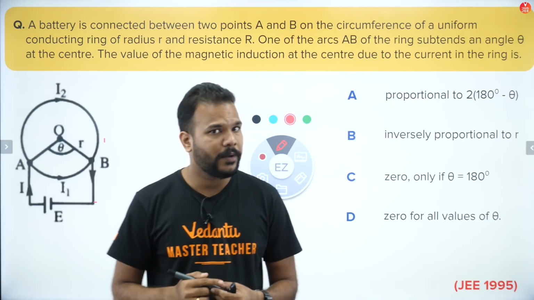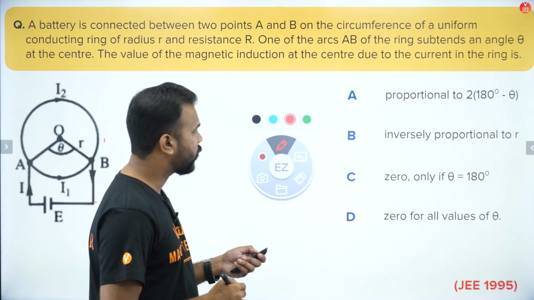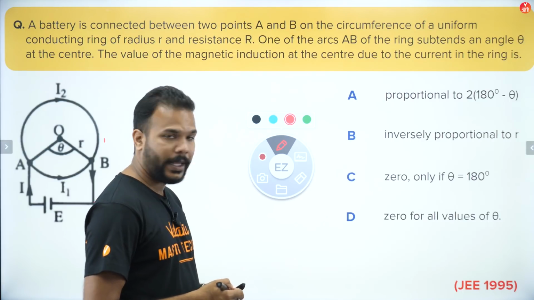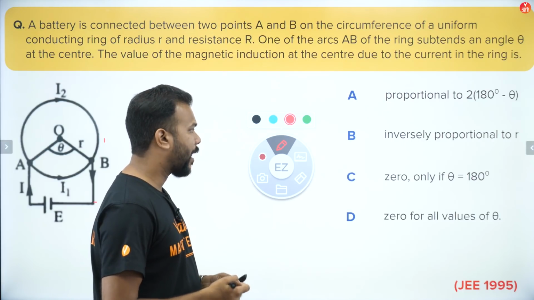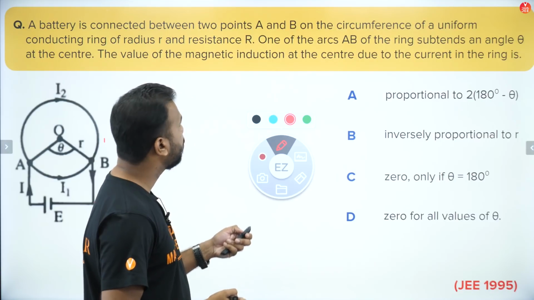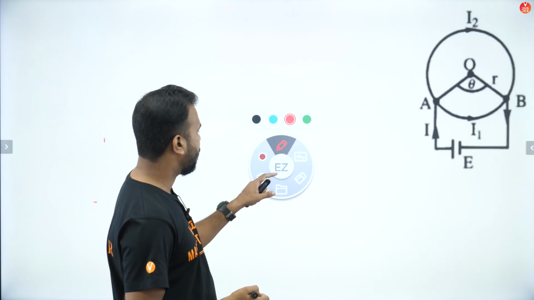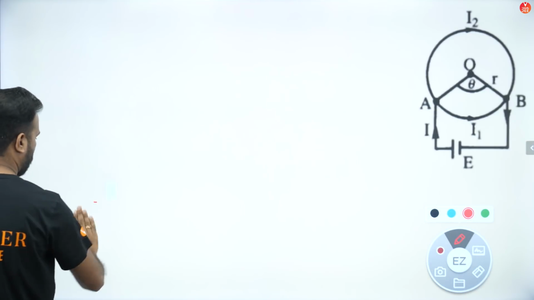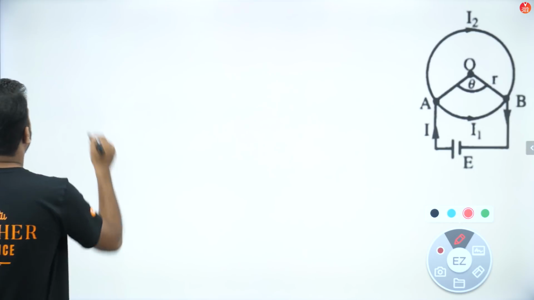So let's try to find out the value of the magnetic fields because of individual currents, and we'll find out which of these options suits the value of the net magnetic field at the center of this ring. Okay guys, so this is the diagram that we have here. Let me write the values of B1 and B2.